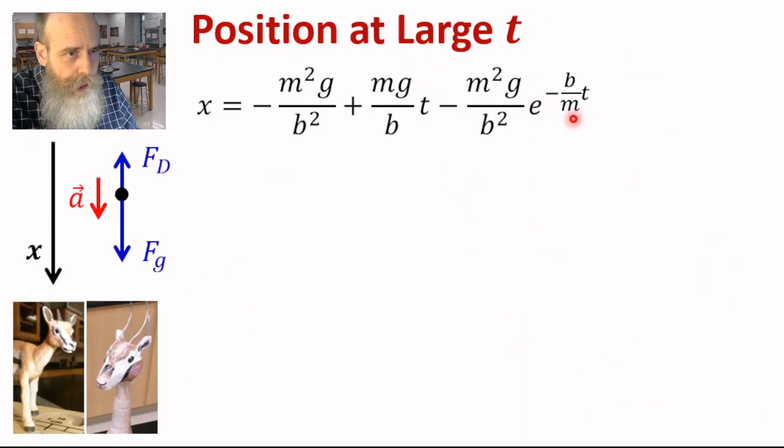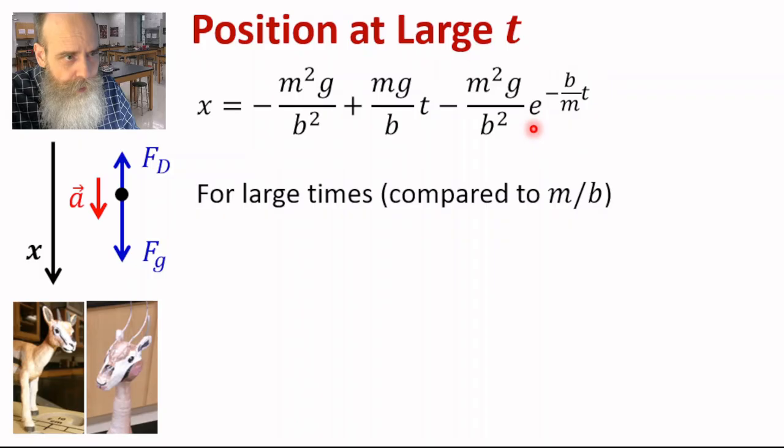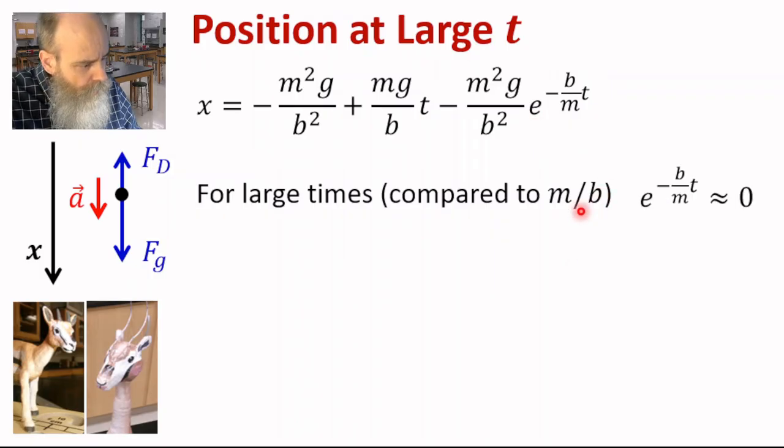At large times, when t becomes much larger than m over b, this exponential function becomes 0. And then we get rid of this term, it goes away. And this is what we're left with.